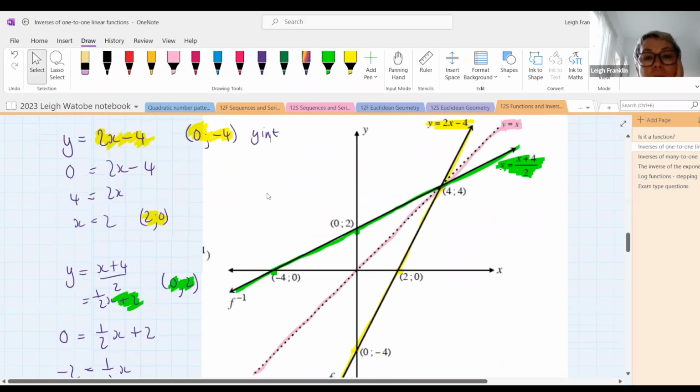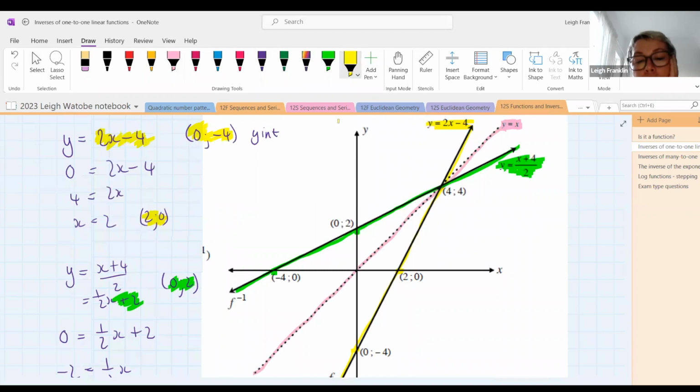There was my y-intercept. What was my y-intercept of my original function? It became the x-intercept of the inverse. Can you see that? Okay, so what was y is now x. Can you see how the coordinates have switched around? X and y have swapped places.